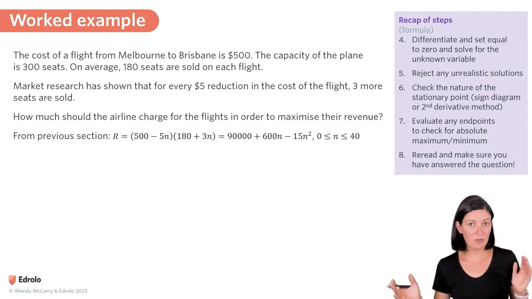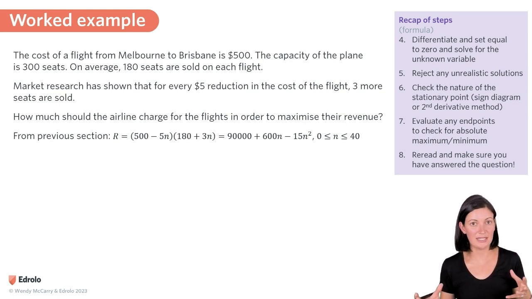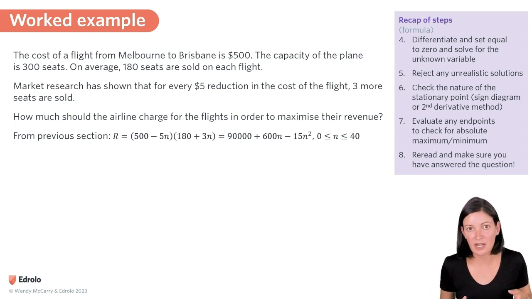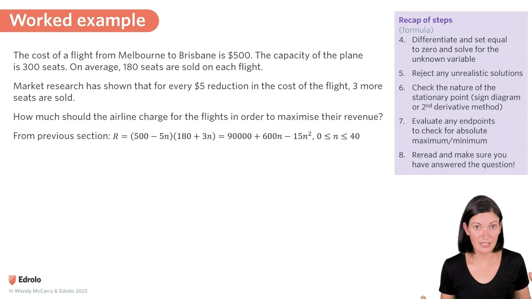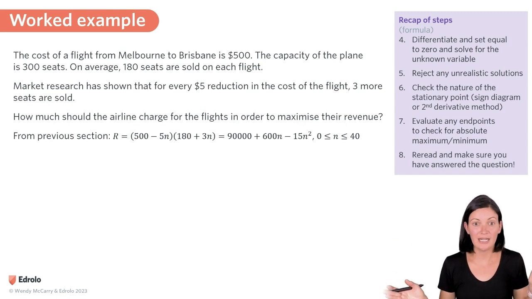Now, we do have a restricted domain in this question because of the context of the question and the restraints within the number of seats that we can actually sell. So if we take a look, the lower bound of the domain would just be 0. And that's if we have no reductions in flight. So that would be if we just stayed with our price being $500 and we sold 180 seats.